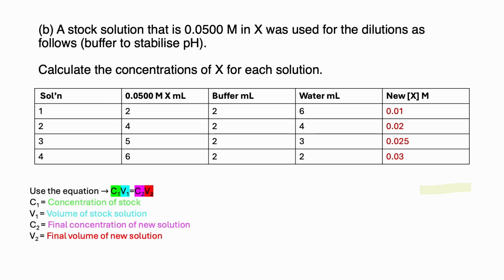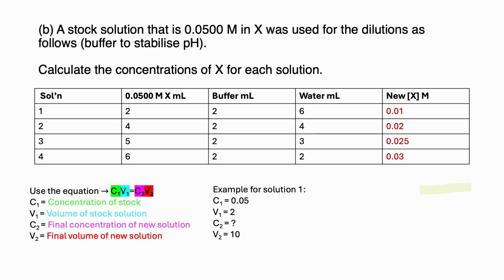In order to calculate the new concentrations, we are going to be using the equation C1 times V1 equals C2 times V2, where C1 is the concentration of stock, V1 is the volume of stock, C2 is the final concentration of new solution, and V2 is the final volume of new solution.